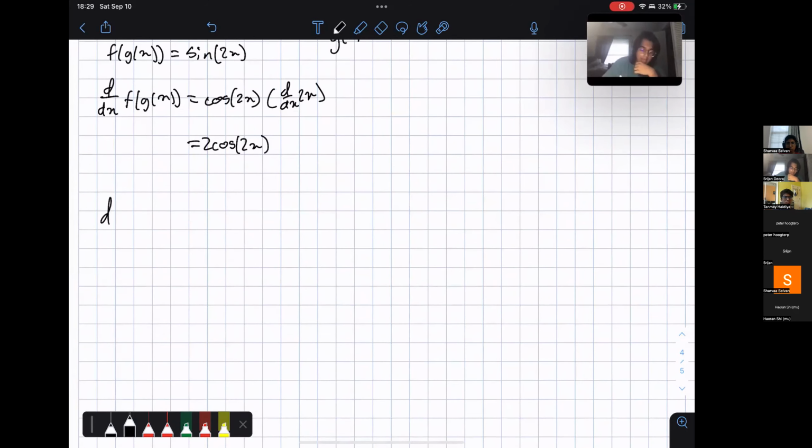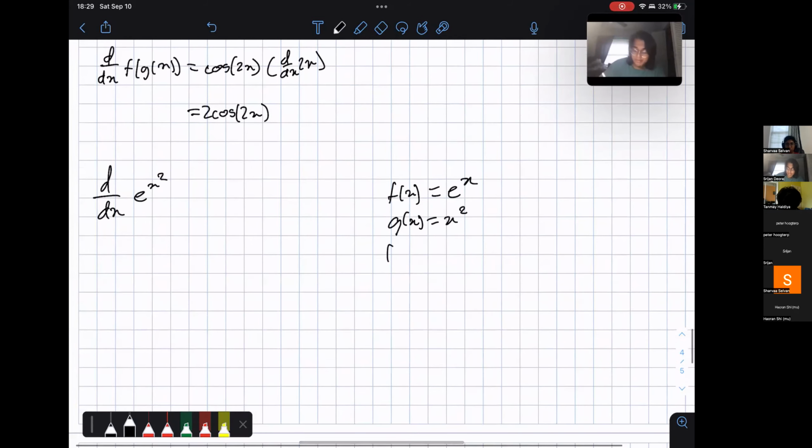Let's say we had the derivative of e to the x squared. So here your f of x will be e to the x, and your g of x will be x squared. So that means f of g of x is equal to e to the x squared.